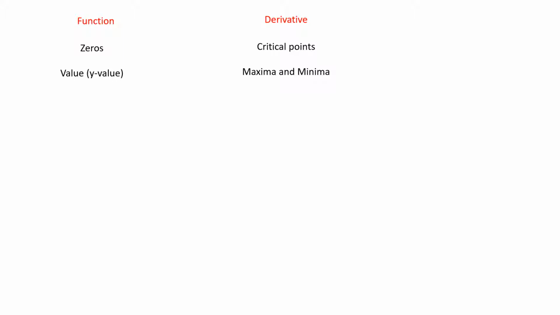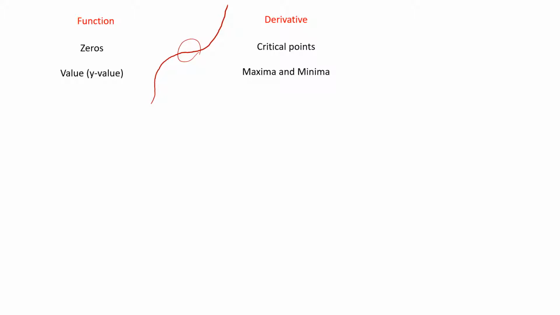The slope changes signs. It's possible that the slope could be positive, go to 0, and then continue to be positive. For example, the x cubed function. Slope is positive, 0, goes to positive. There is a critical point right there. That is not a maximum or a minimum.